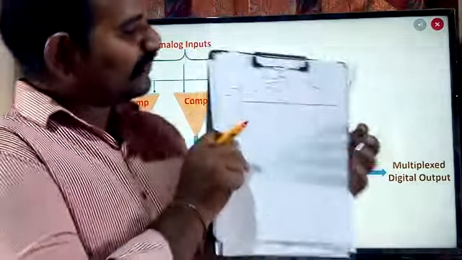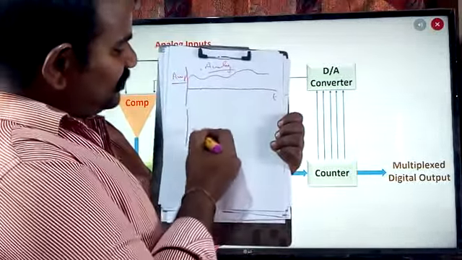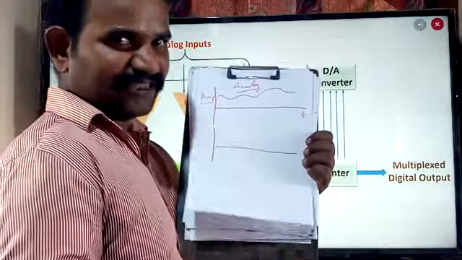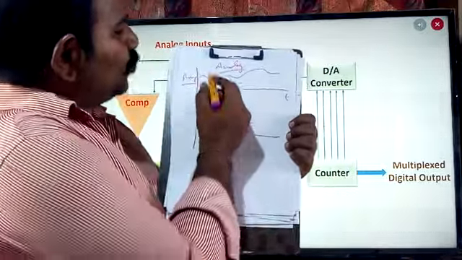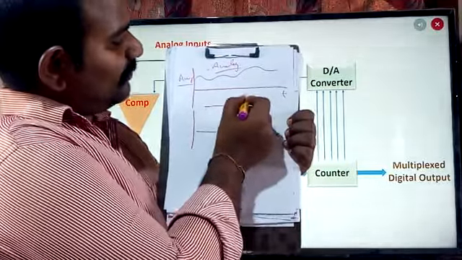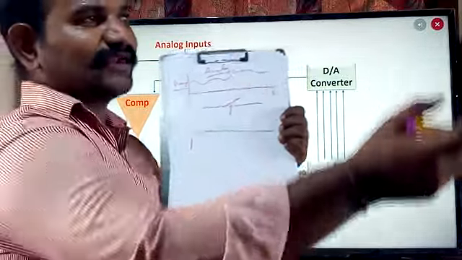But if you want to convert the analog information into the digital format, first of all, the analog information is converted into the discrete, which we have seen in the classroom. Again, I am repeating this to recollect the information. So this information is converted into the discrete format with the help of a switch. This switch is going to be opened and closed with a certain period of time.